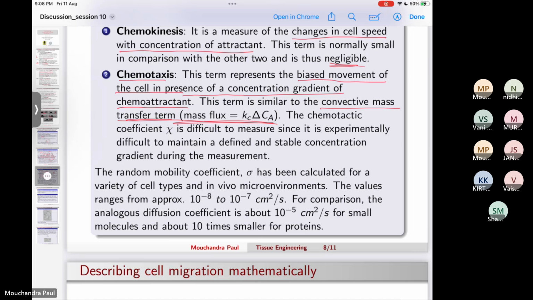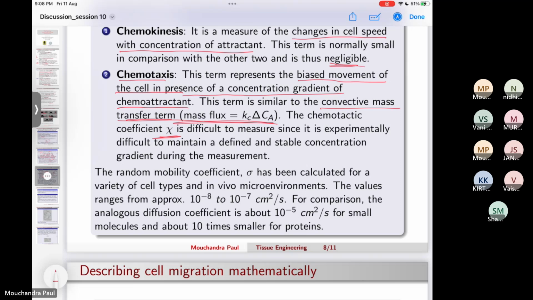And this chi value, the chemotactic coefficient, is actually difficult to measure, because in experimental conditions it is difficult to maintain a stable concentration gradient of your chemoattractant over a few seconds only. If you are using a few microliters of some growth factor, within seconds the concentration will become uniform.